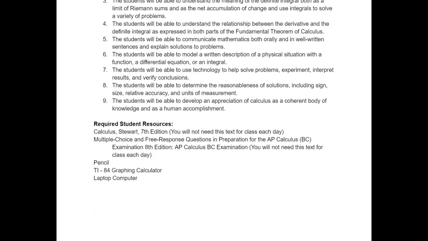The second book that's listed here is the multiple choice and free response questions book. That comes up more at the end of the year than now, when we get into immediate preparation for the BC exam. So again, you will not need that every day, but as we get to the end of the year, at least know where it is so that you can be preparing.